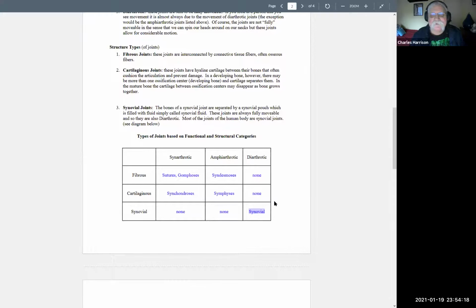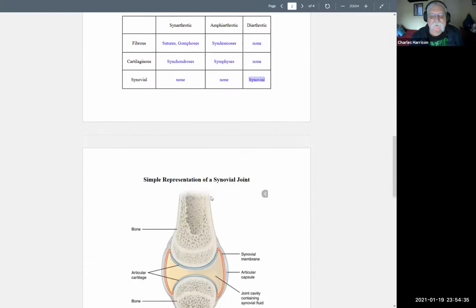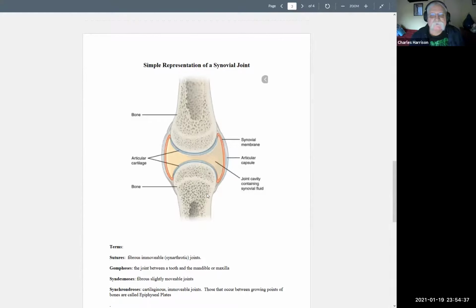Synovial joint is fully movable, and for lack of a more imaginative name, it's also just called a synovial joint. The synovial joint is the one with the pouch. None of the others have a pouch. Here's the synovial joint.